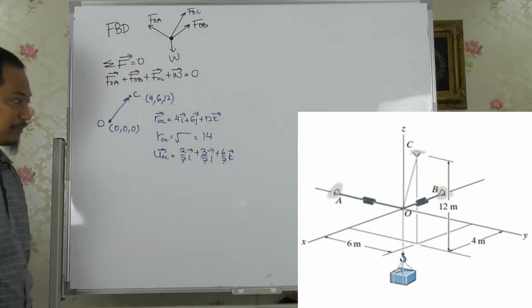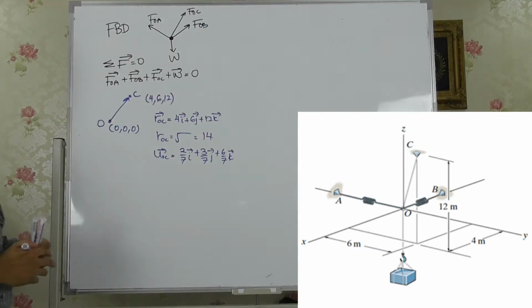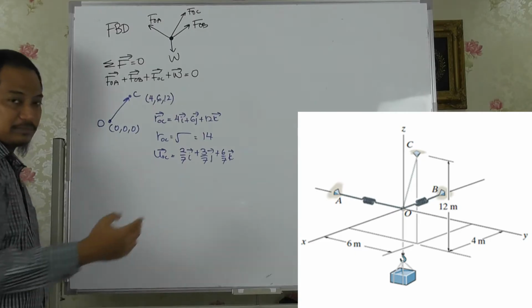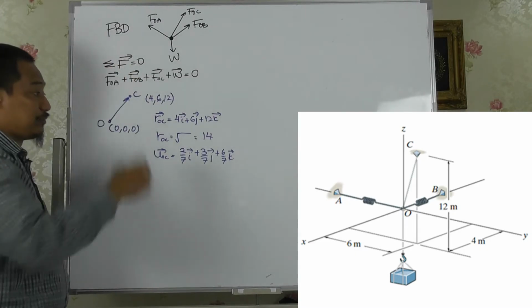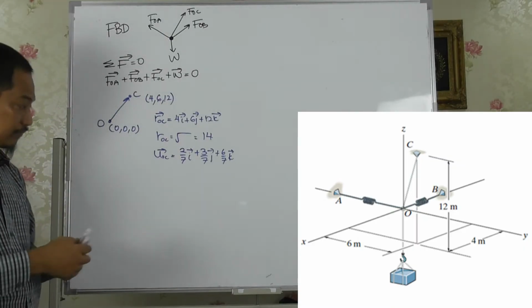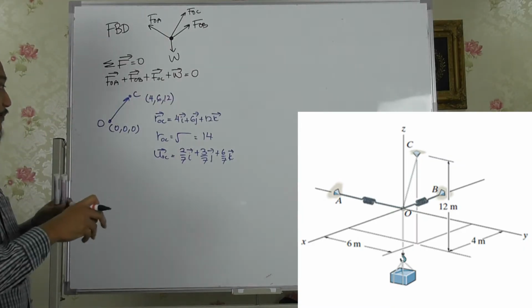And this you just divide by that. So from there, we are ready to express the force in vector form, because this multiplied by the magnitude, you'll get the vector. Okay, so we express everything.